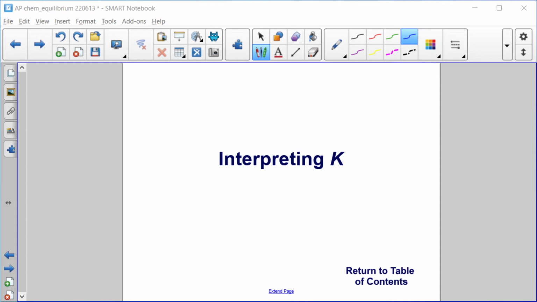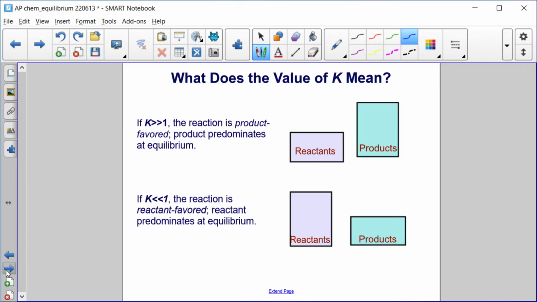In this section of the equilibrium unit, we're going to look at interpreting K, the equilibrium constant. What does the value of K mean? Remember that K is a ratio of the concentrations or partial pressures of the products to the reactants.